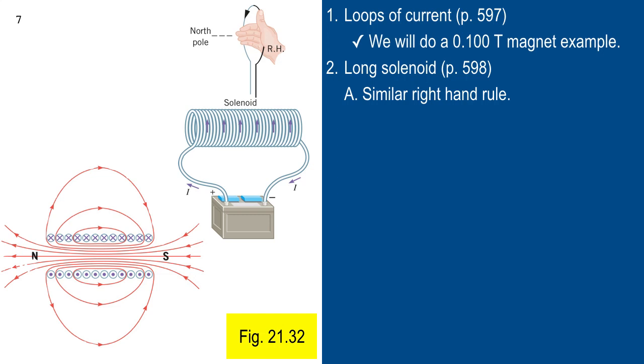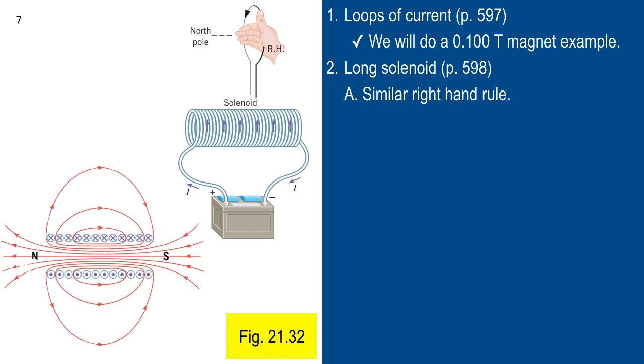And notice that the thumb of my right hand points in the direction of the magnetic field lines. That's the right-hand rule that I use, but the textbook uses thumb in the direction of the current. So here's the thumb of the right hand, coming like this.